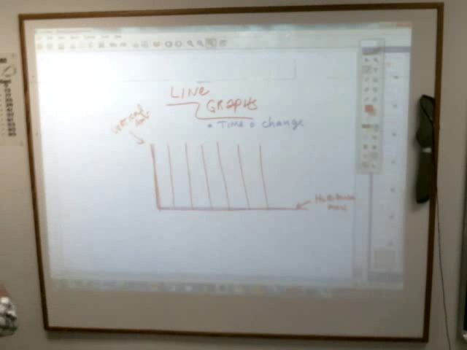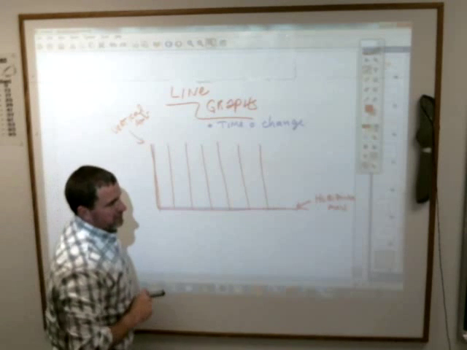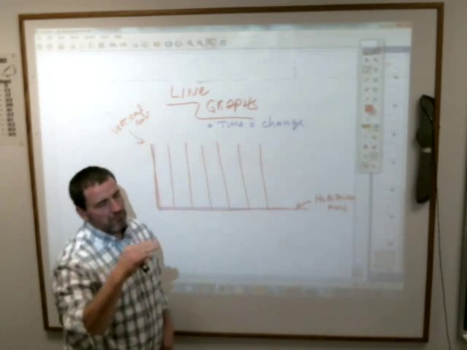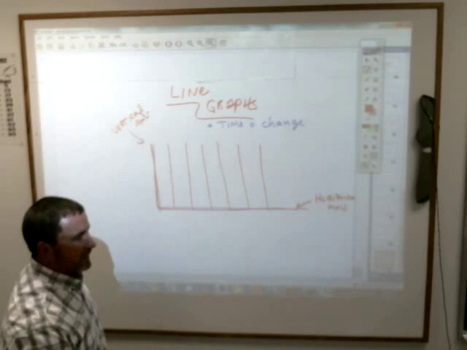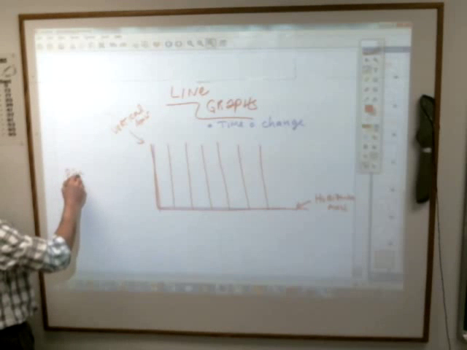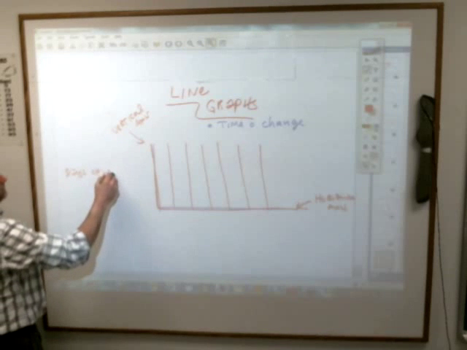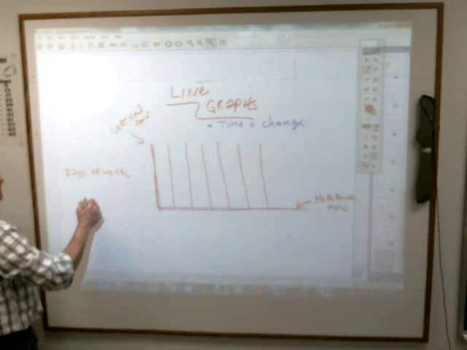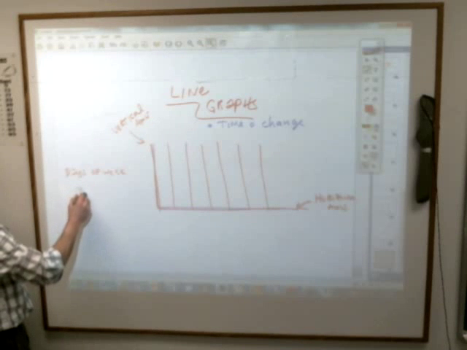Now, what two things am I comparing here? When I talk about the temperature we've had so far this week, I'm talking about the days of the week, and I'm also talking about the temperature.